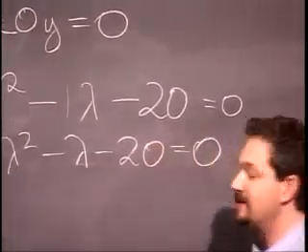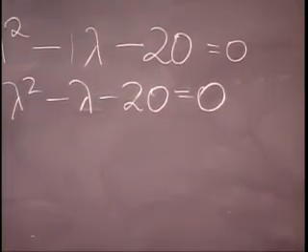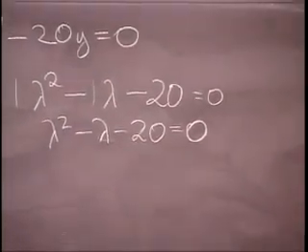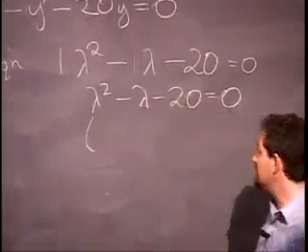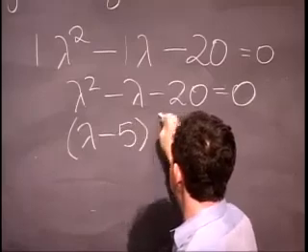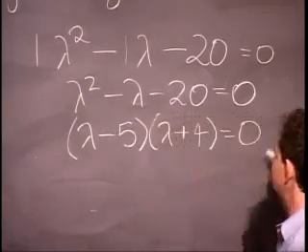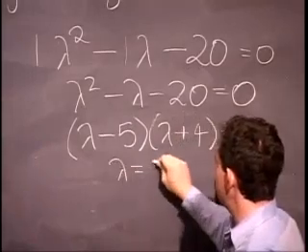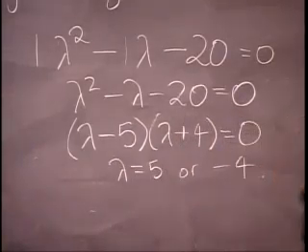So that's not a differential equation. Lambda is just supposed to be a number. Nevertheless, watch this. I factor this, if possible. Well, in this case, it is possible. It factors into (lambda minus 5)(lambda plus 4) equals 0. And so the solution is lambda equals 5 or minus 4. So what?